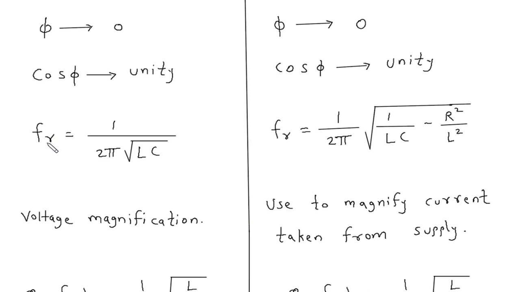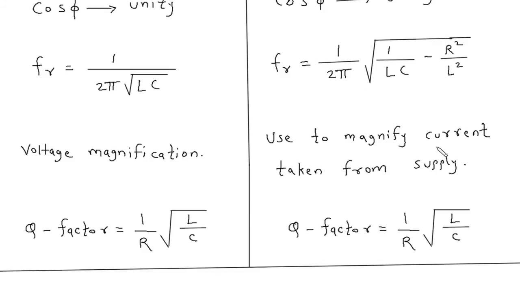For series circuit, resonant frequency Fr is equal to 1 upon 2 pi under root of LC. For parallel circuit, resonant frequency Fr is equal to 1 upon 2 pi under root of 1 upon LC minus R square by L square.